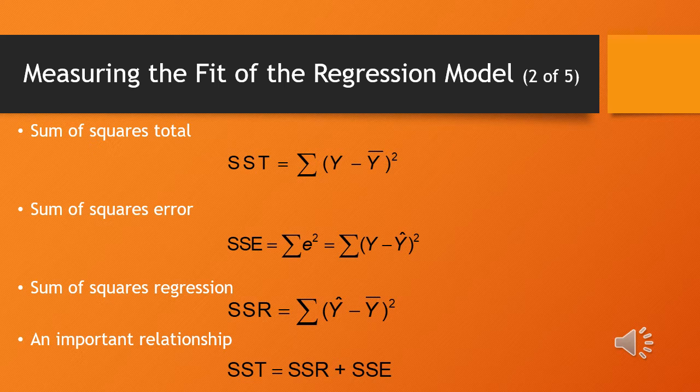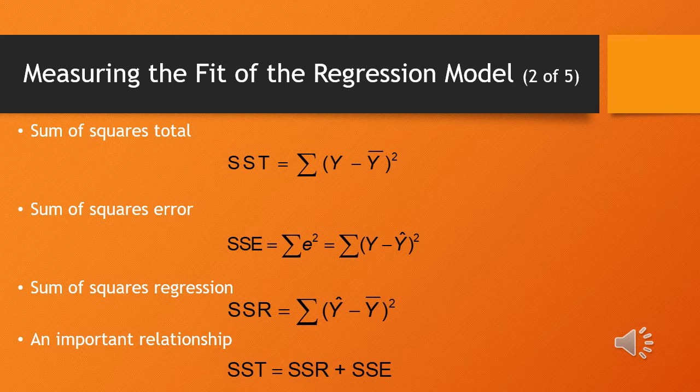So in this slide, guys, we can see the equations for the measurement of our variability, which is the SST, which stands for the sum of squares total, which is the sum of (y minus y hat) squared.